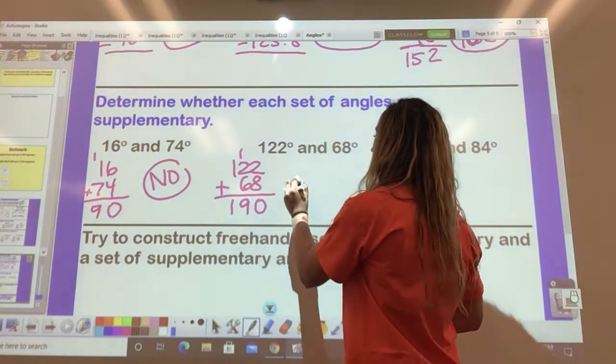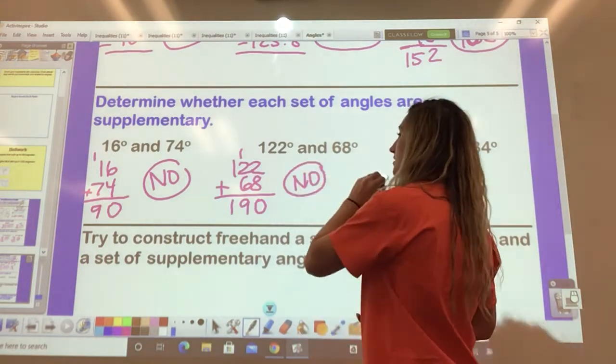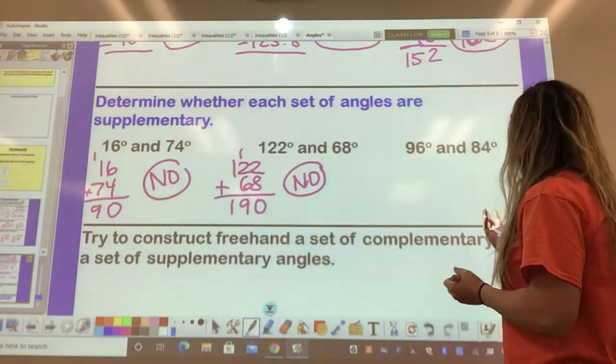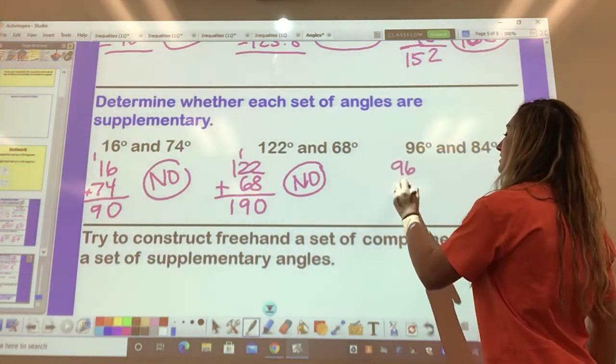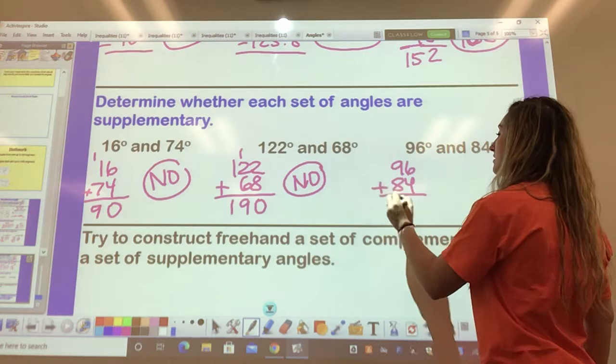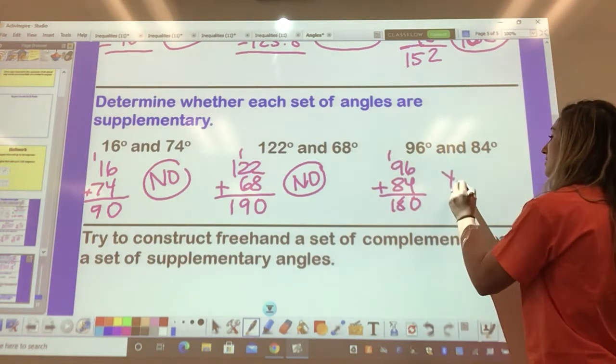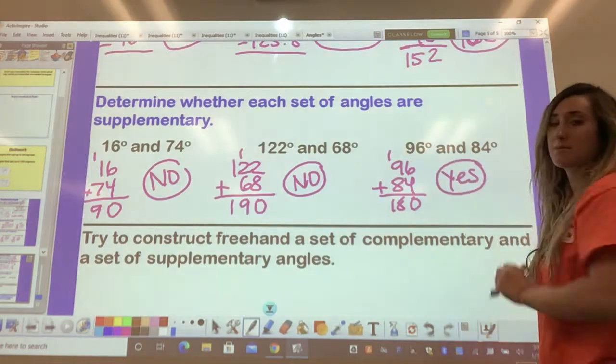So this would be another no, they are not supplementary. And then lastly, 96 and 84. Those do add up to 180, so they are supplementary.